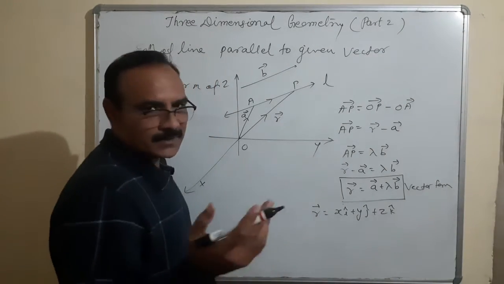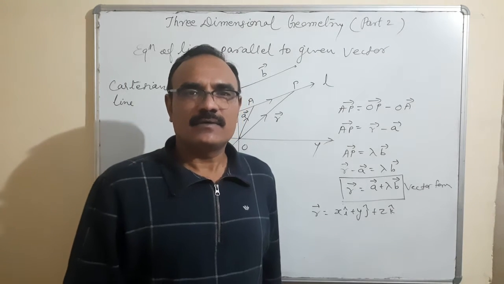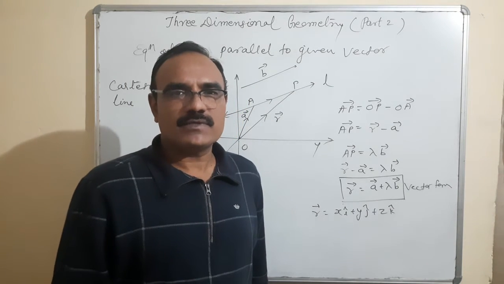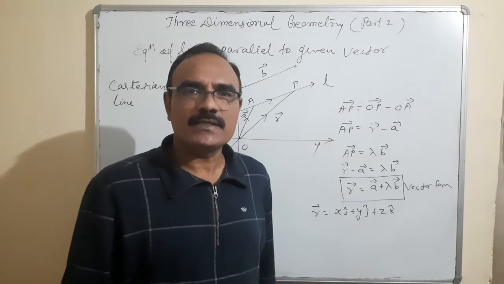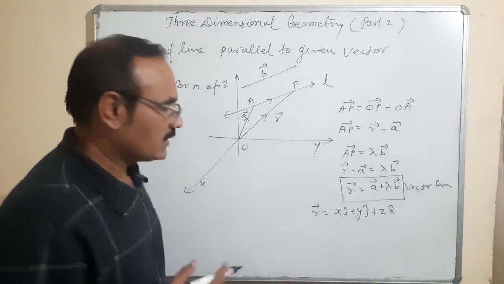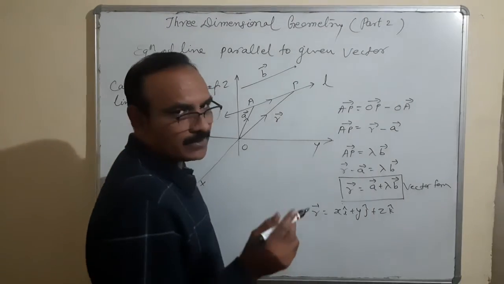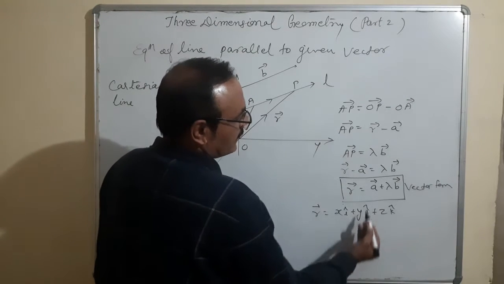Simply like when we write the equation 3x plus 4y plus 5z, this is an equation of a plane. For any equation of a line we write x, y, z, and x, y, z are always the general terms. They will never be changed. They are variables, their value can change. So vector r is equal to xi plus yj plus zk.